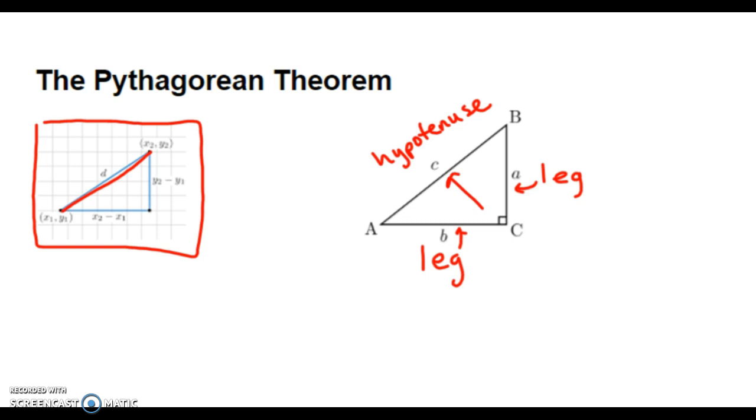And the two legs are the sides that form the 90-degree angle in your right triangle. More commonly, sides A and B are your legs, and C is your hypotenuse. So when we formulate the Pythagorean theorem, it's going to be the size of leg A squared plus leg B squared equals the hypotenuse squared.